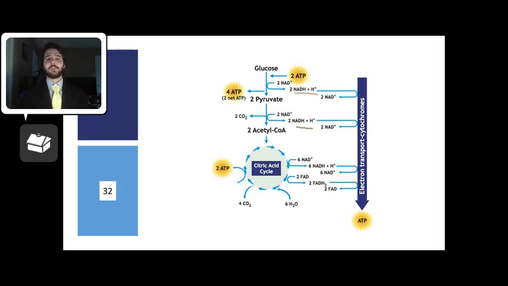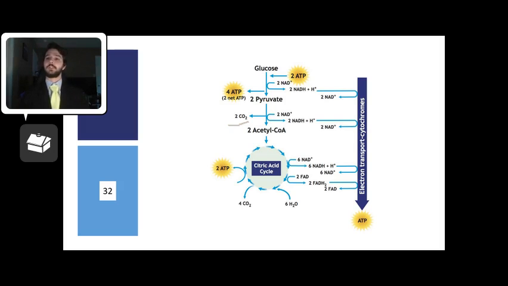Once we get to the 2 pyruvate, we have more of our transport molecules, which help release CO2, as well as create 2 acetyl coenzyme A molecules, or acetyl-CoA molecules.